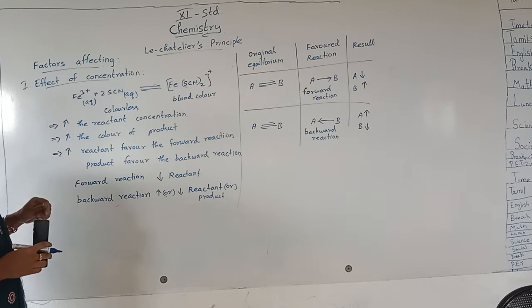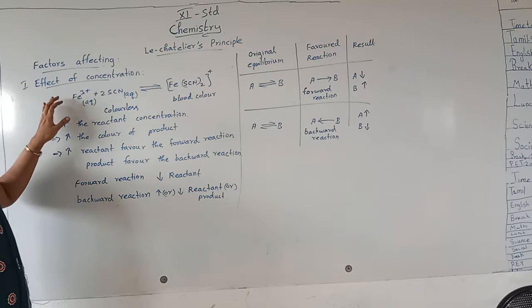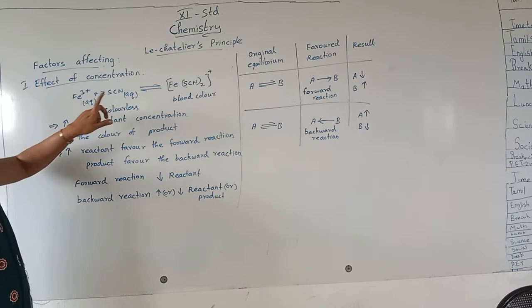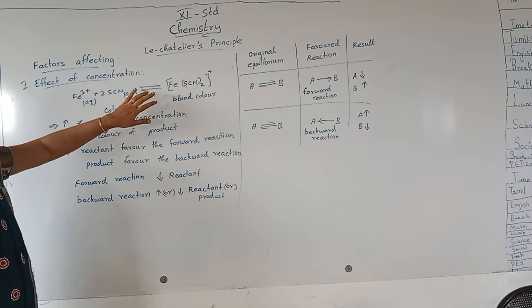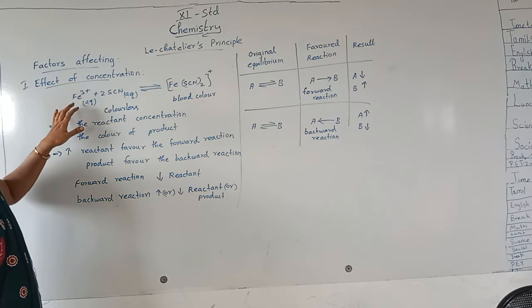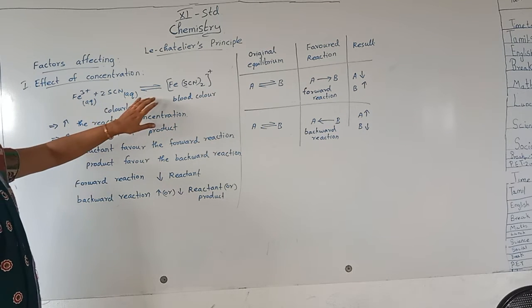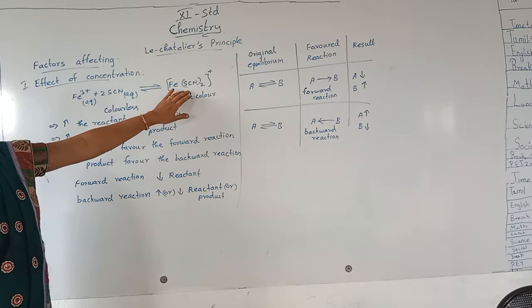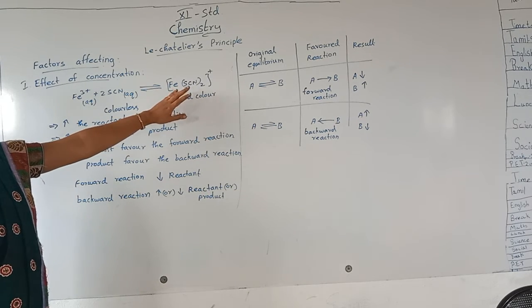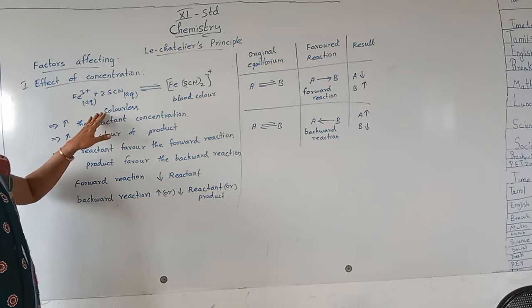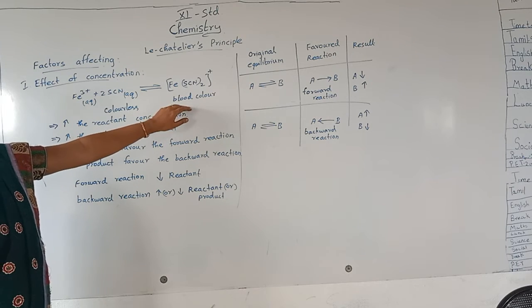In this effect of concentration, the example is the iron complex. The iron reacts with thiocyanate to form the thiocyanate complex. The colorless compound forms a blood red color.